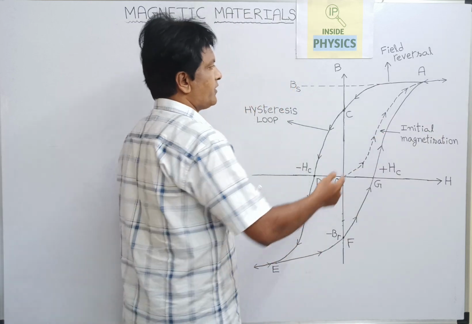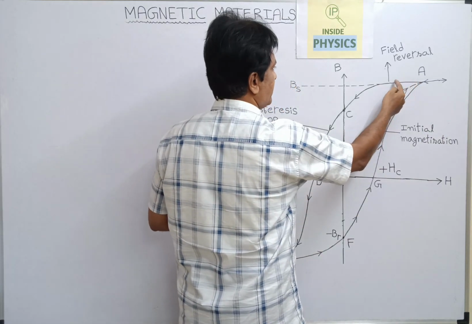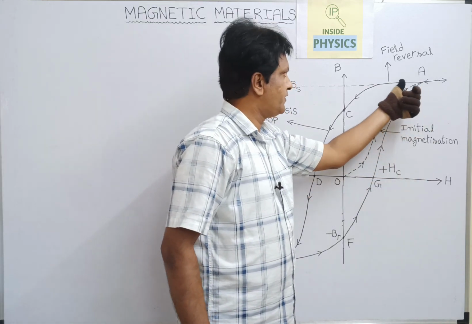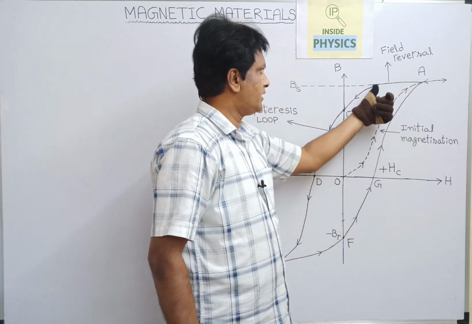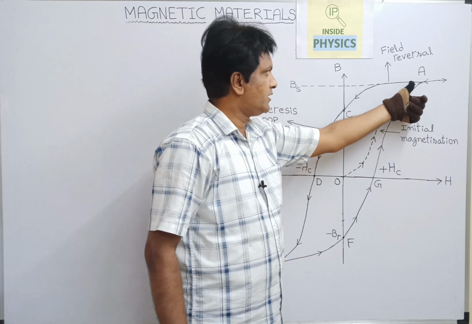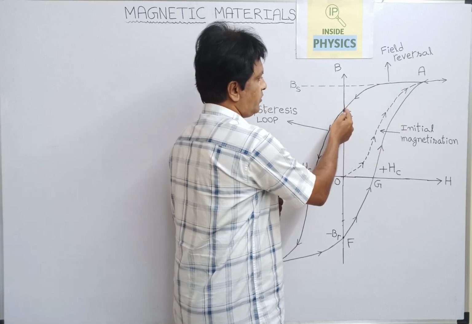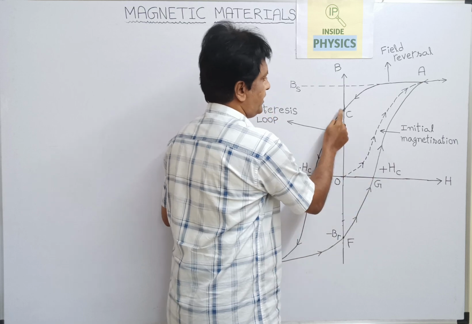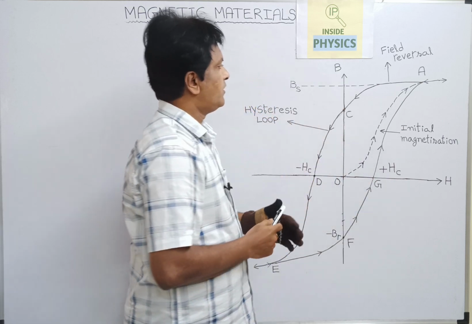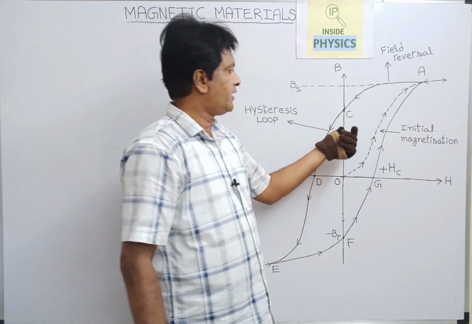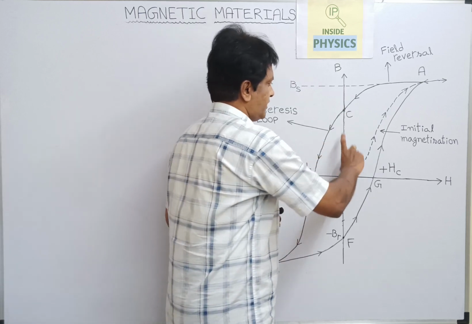From here we are coming backwards. That means the magnetic field is slowly decreasing. See here, the magnetic field is getting decreased, and even though the applied magnetic field has come to zero, the flux density inside remains to this extent.